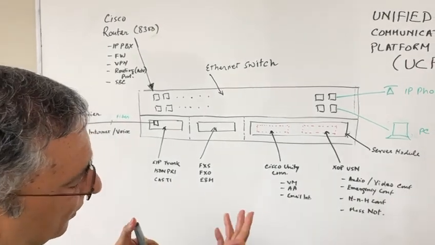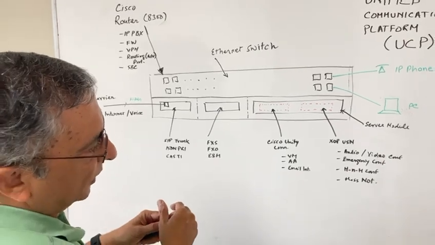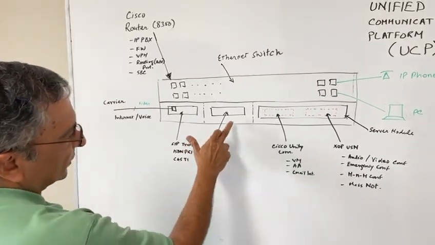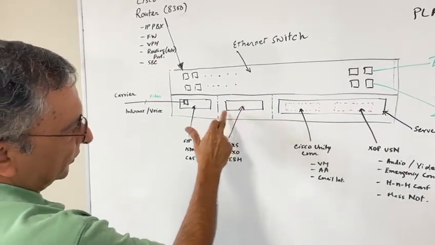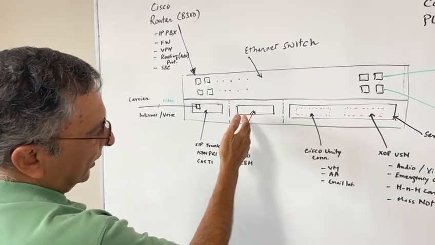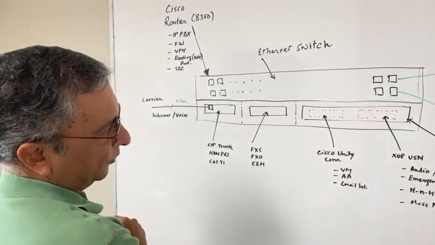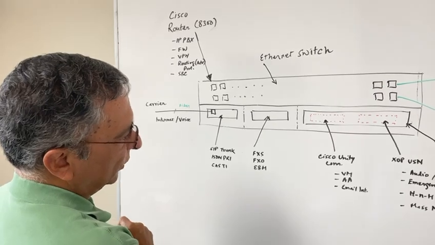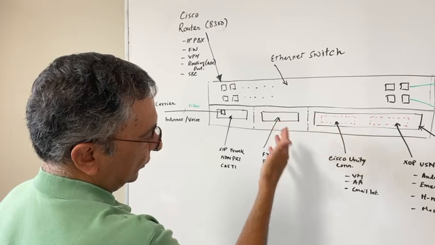In certain cases, customers ask us to also connect to analog phones. In those situations, we simply install a Cisco FXS module, which has a certain number of ports. We have various types of port configurations available from Cisco, and based on the size required, we can put n number of analog phones if needed.